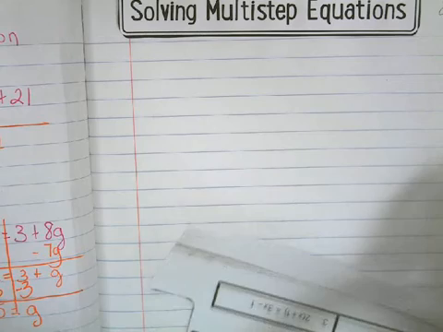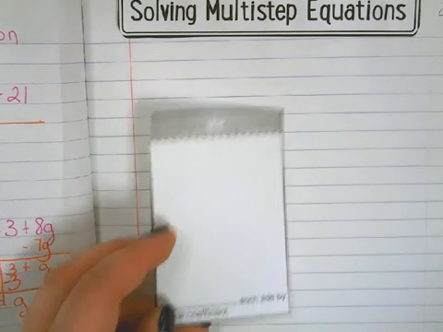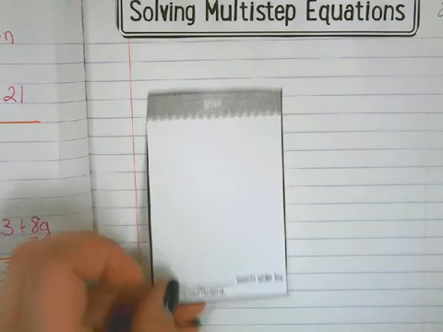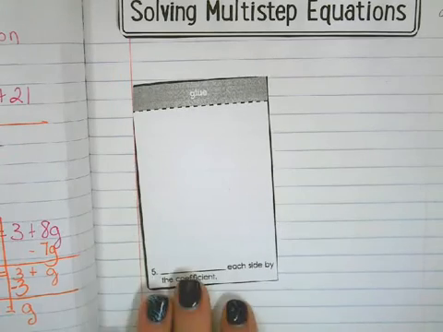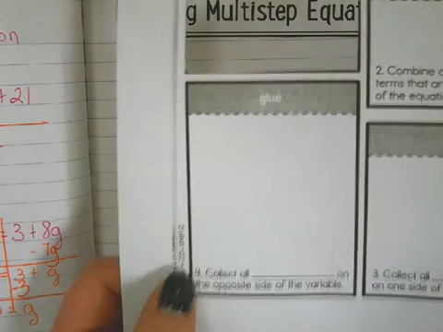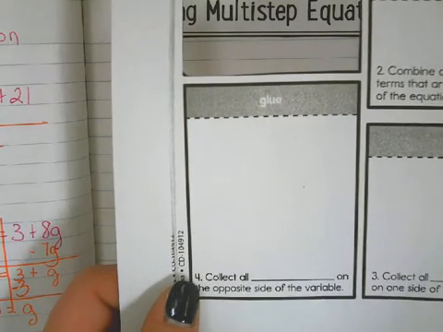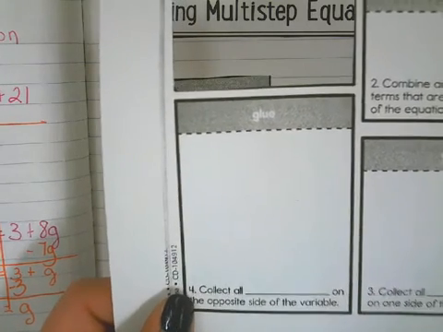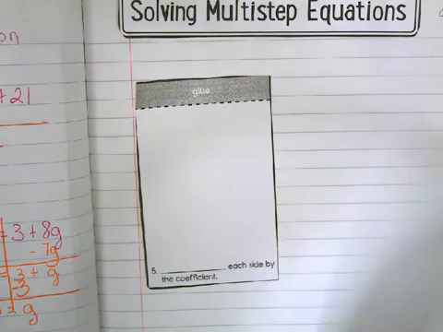Okay, when you have that cut out, you are not gluing it yet, so just set it down to the side. The next one you're cutting out is the one that has a 4 on the bottom. Collect all blank on the opposite side of the variable. So number 4, we're cutting backwards.